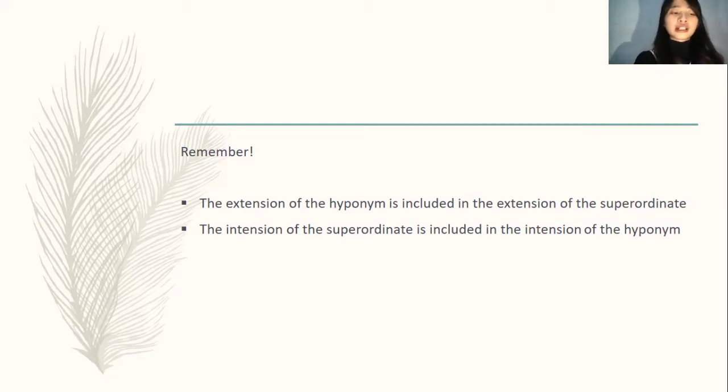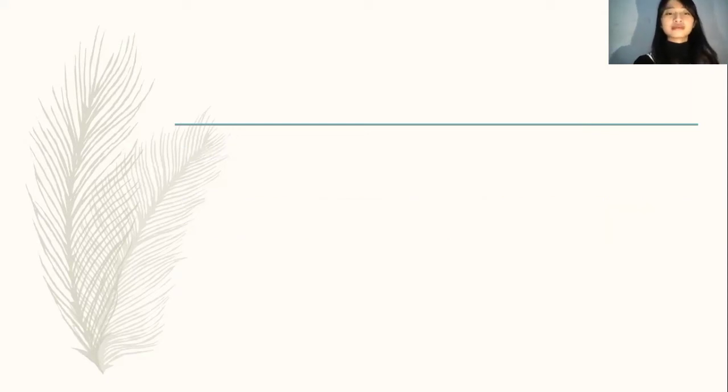As we learned before about intention, the characteristic of being a dog is part of the characteristic of being a collie, because collie is a part of dog, or collie is a type of dog.